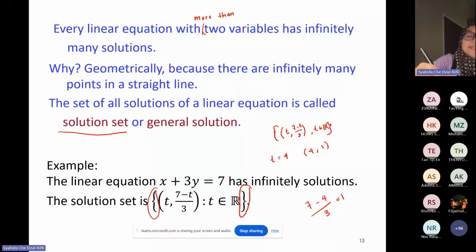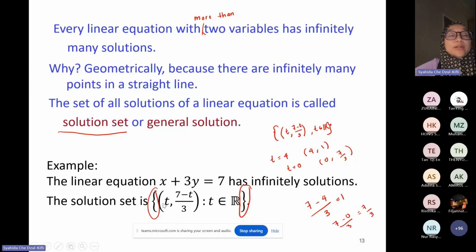If we take t equal to 0, then we are going to have 0 and (7 minus 0) over 3, which is 7 over 3. That is one of the solutions. But how to write down the solution? We are going to see the methods of writing down the solution later on.